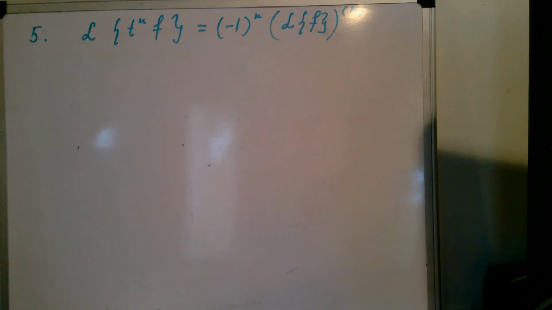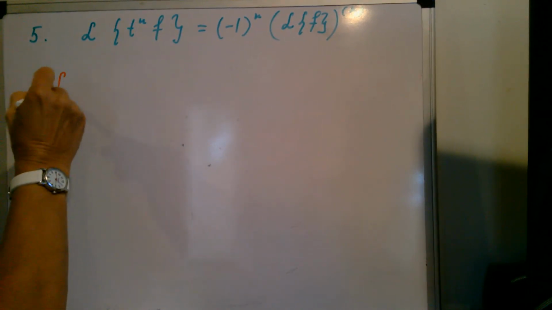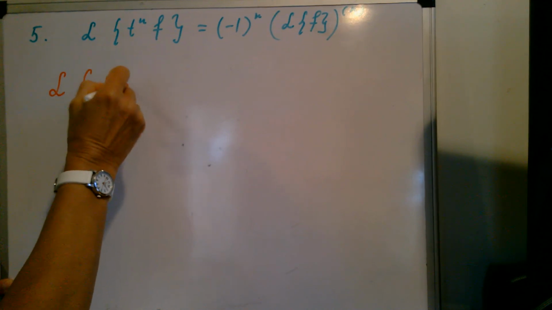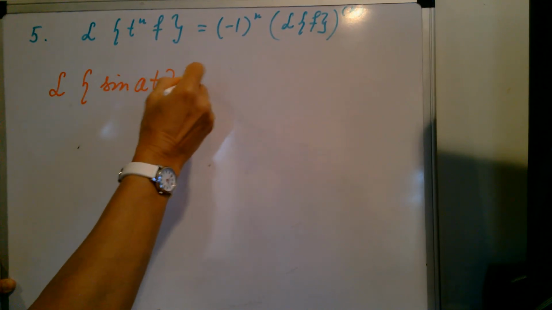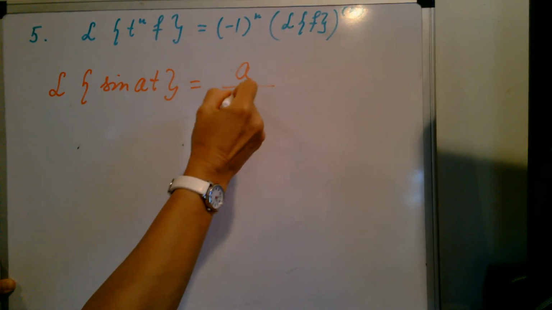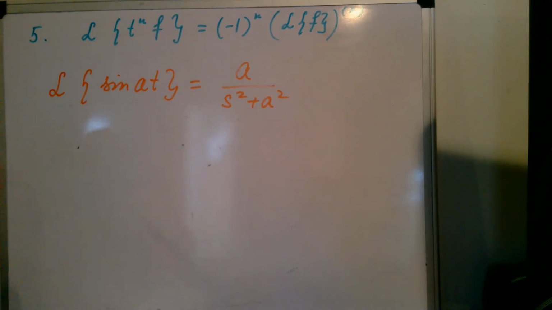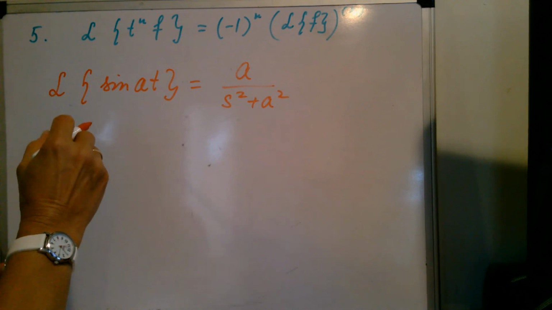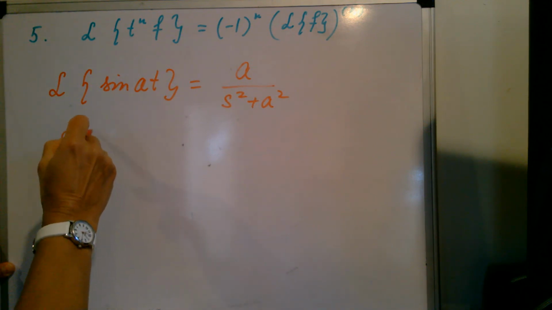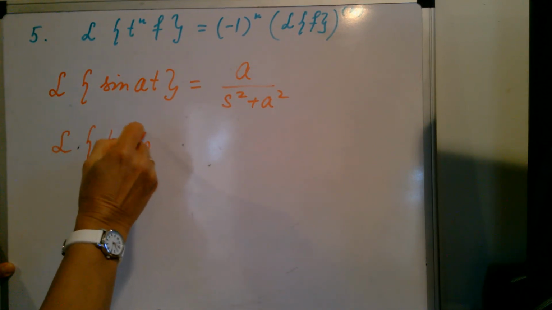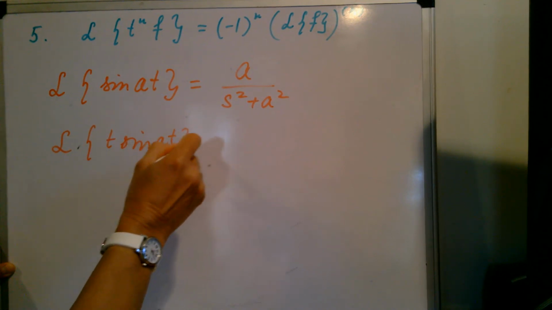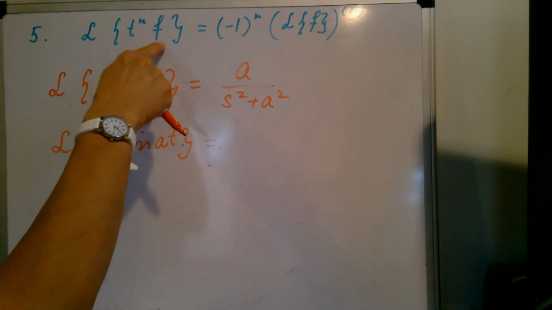So, how does it help? Well, we do know, for example, that the Laplace transform of sine of at equals a over s squared plus a squared. And now, what is the Laplace transform of t sine of at? Look over here.